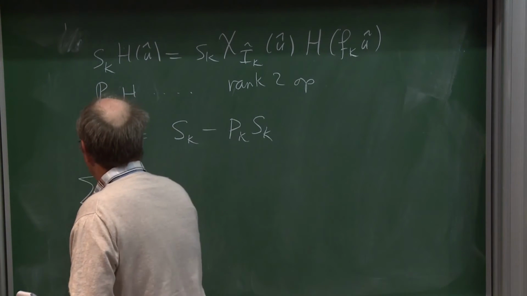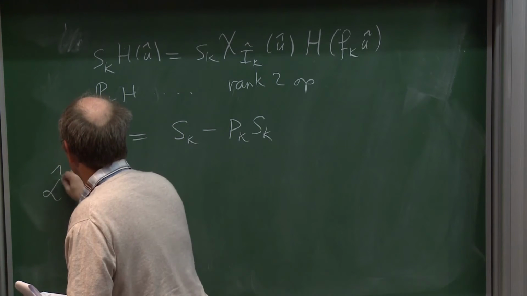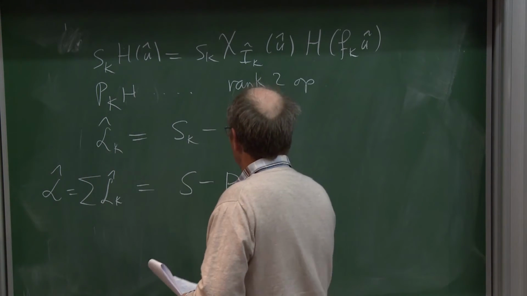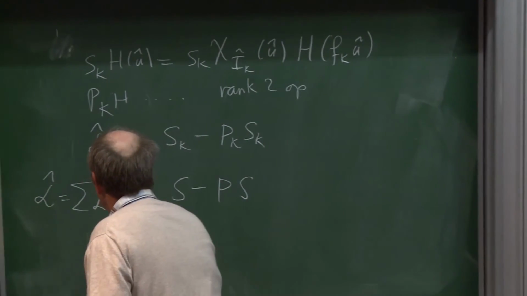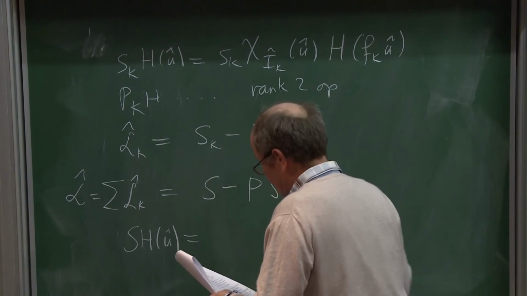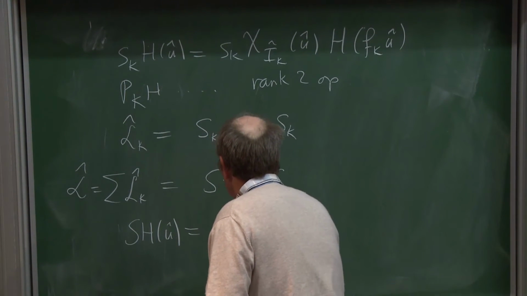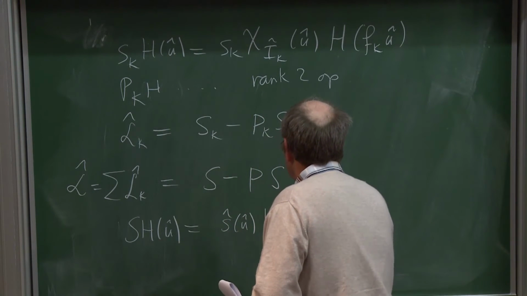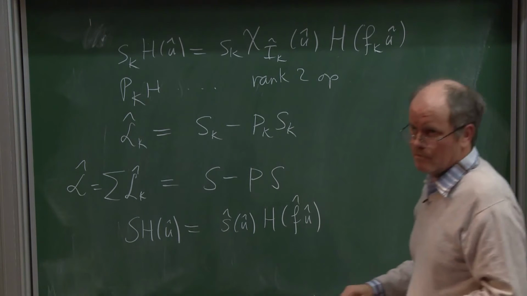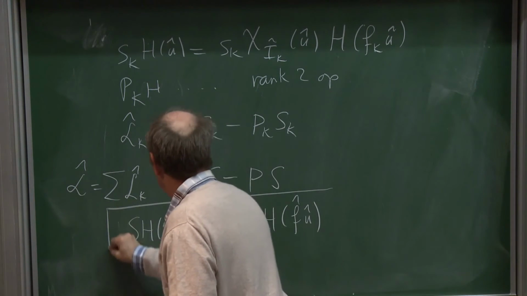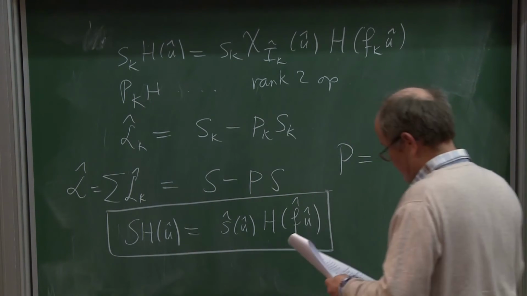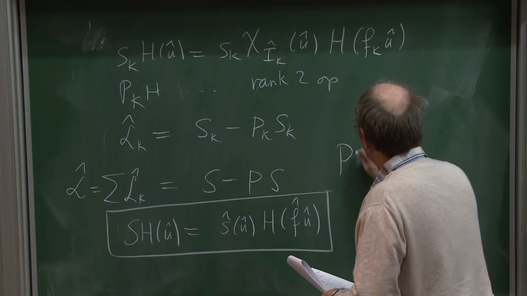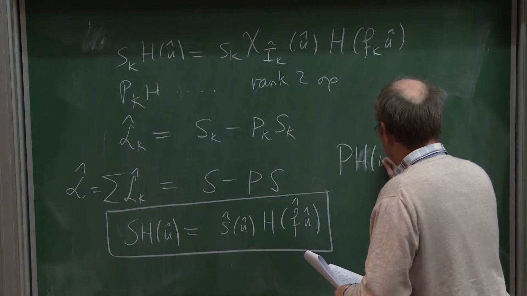Finally, if I sum over all the branches, I get an expression of the following form. So s minus ps, as I was indicating up there. And the s operator will simply be s hat of u hat, h of f hat of u hat. So a very simple form for the part which is using iteration of the f hat. And the p operator is a little bit more complicated, but it's say h of u.